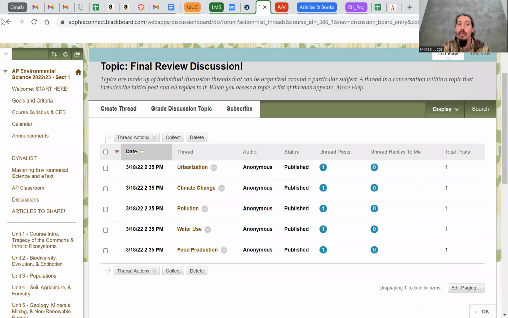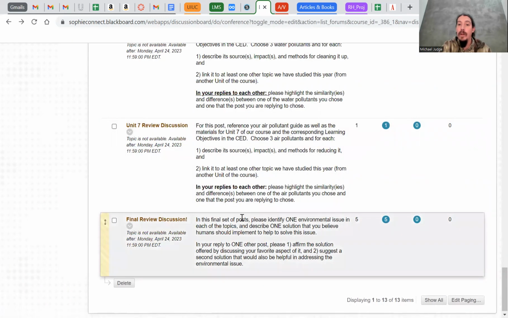For each one, you'll address one environmental issue that falls under that topic, like what is an issue that goes hand in hand with urbanization, and one solution that you take away from this course that you think humans should consider implementing on a wider scale to address that issue.